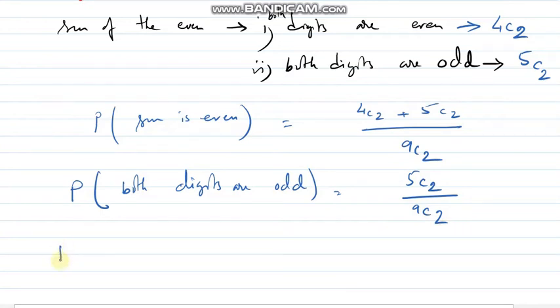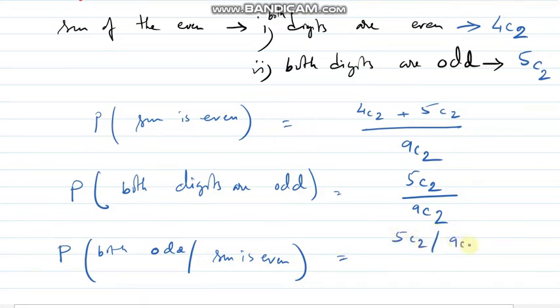So what's the probability that both digits are odd given that the sum is even? That will be 5C2 divided by 9C2, divided by 4C2 plus 5C2 divided by 9C2.